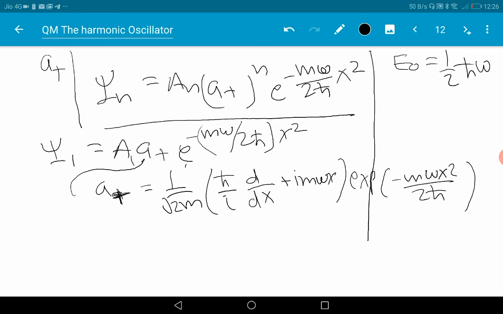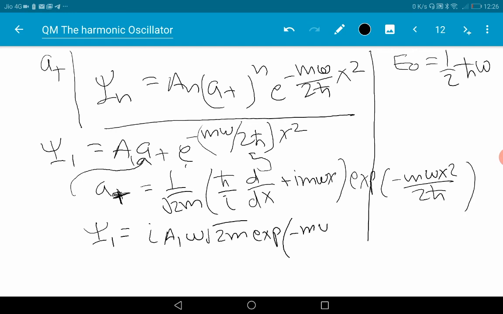Just put it here and use this operator, and you will get the value of psi 1, which is something like this. I'm directly writing it: i A1 omega under root 2m times the exponential of minus m omega x square by 2h cross. This is psi 1.